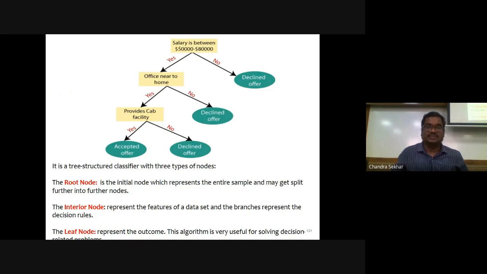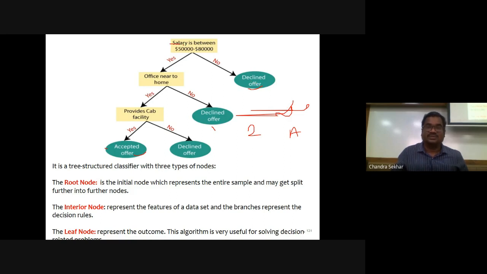Suppose salary is between this range, yes, no, then again yes, no, then again yes, no, then only this one. This is a class. How many classes are there? This is one class, this is two. So we have a two class problem. One is declined offer, another one is accept offer. Two classes. We need to take a two class decision with the help of some set of values.